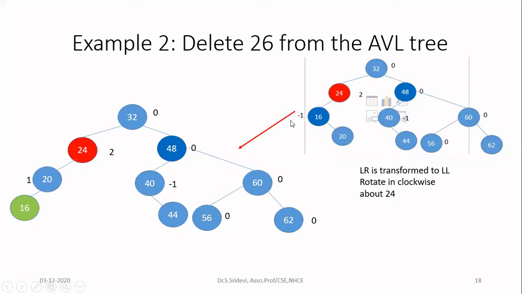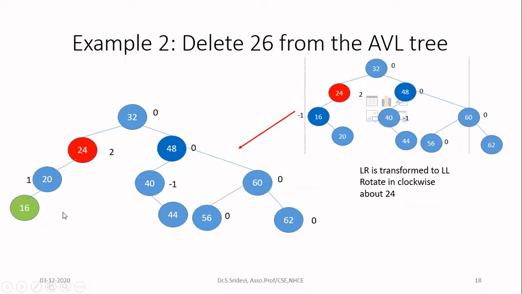When I pull 16 down, 16 will come down. At the same time, this 20 is going to move up. Okay, so 20 will move up. Sorry, 24 will be there itself. Now, we don't have any children attached to this 20. So this is your newly formed tree.